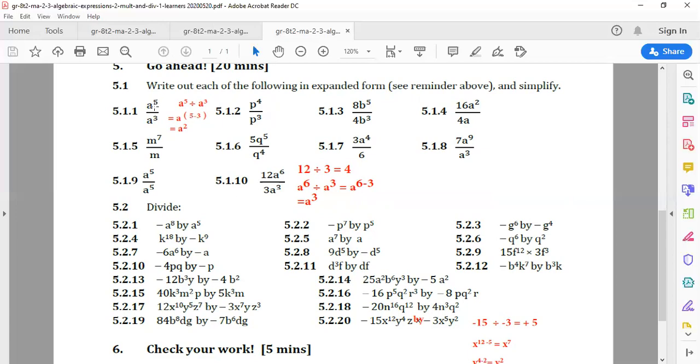For example, if you have a exponential 5 divided by a cubed, you rewrite it as follows, a to the power 5 divided by a cubed. You keep the base, which is a, and your exponent is now 5 minus 3, which is 2, and your solution is a squared.